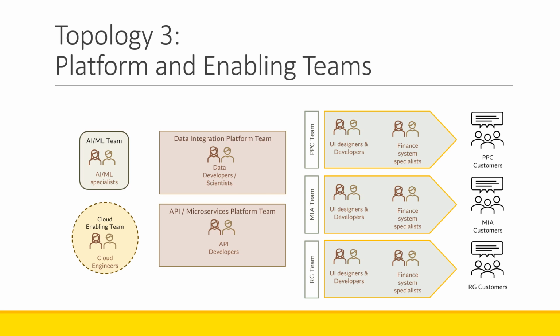Starting with the platform teams, we mentioned earlier that we have resources who specialize in data development and data science. We mentioned that one of the key components of our system are those data pipelines that we need to stand up to integrate data from several data sources into a single data source.